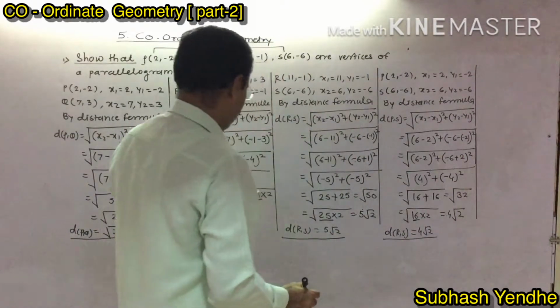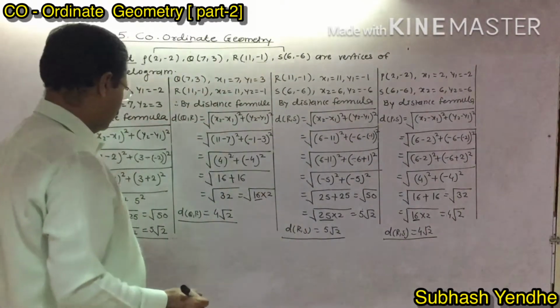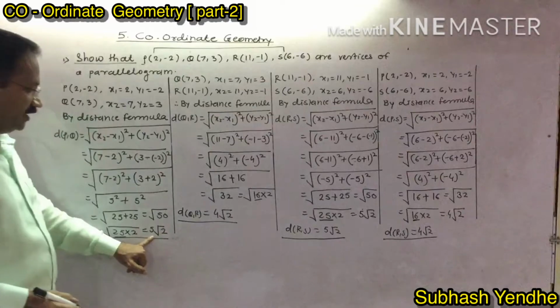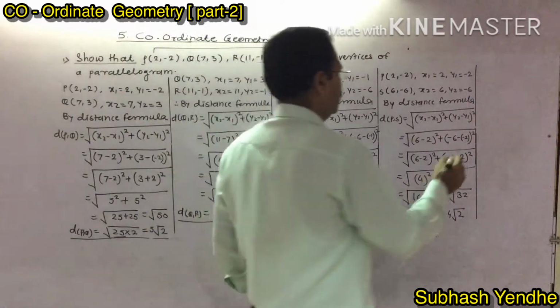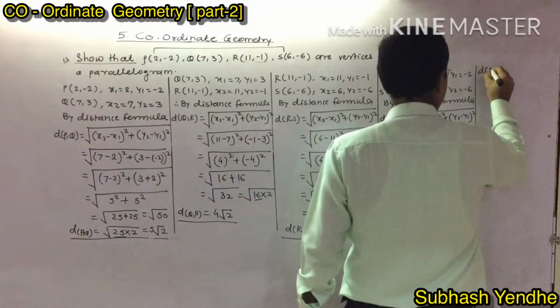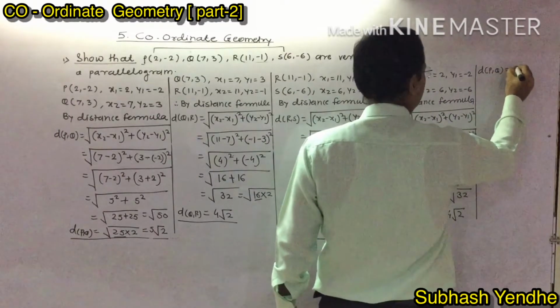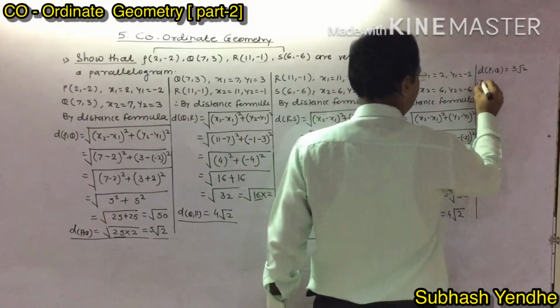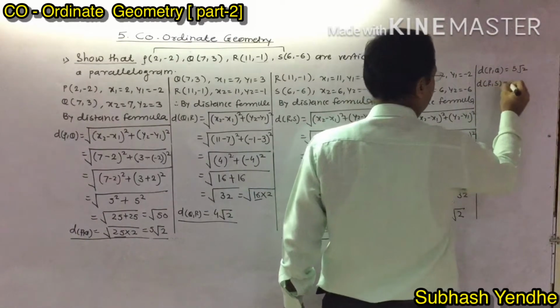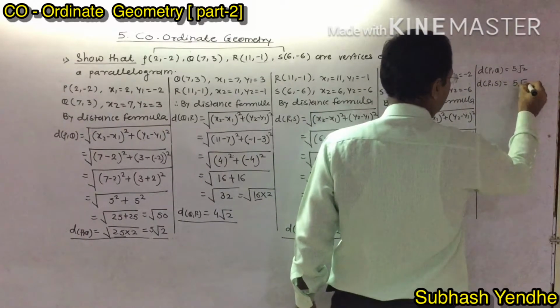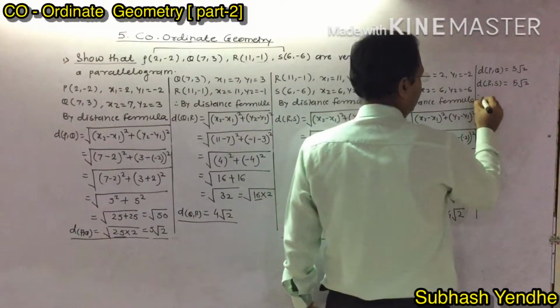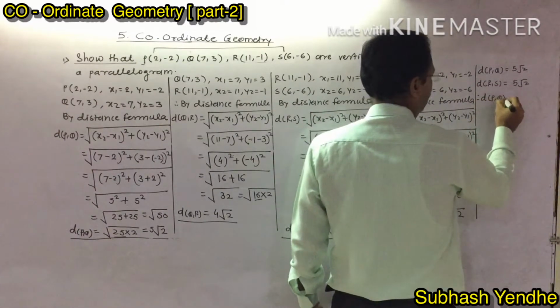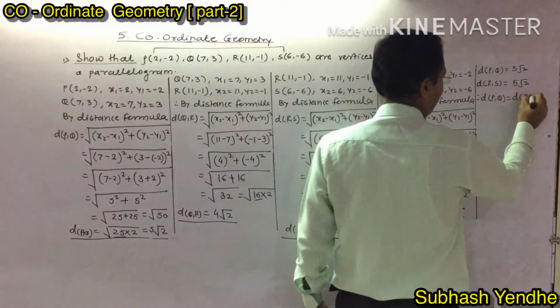Now see this. Here the distance PQ is 5 root 2. I am going to write it here. Distance PQ equals to 5 root 2. Distance RS equals to 5 root 2. Therefore, distance PQ equals to distance RS.